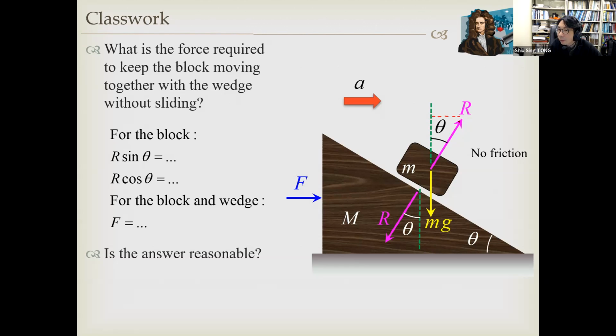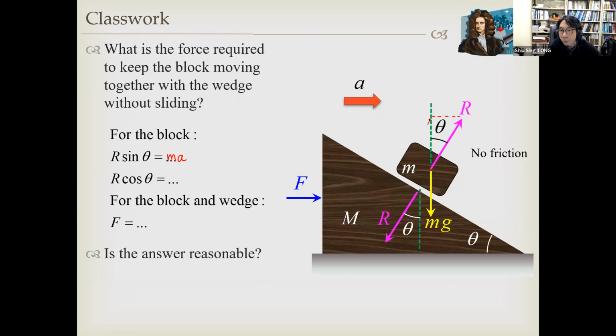And R sine theta is exactly producing the acceleration. The common acceleration of the block and the wedge is A, shared by the block. So I have R sine theta equal to mA. But how about R cosine theta?